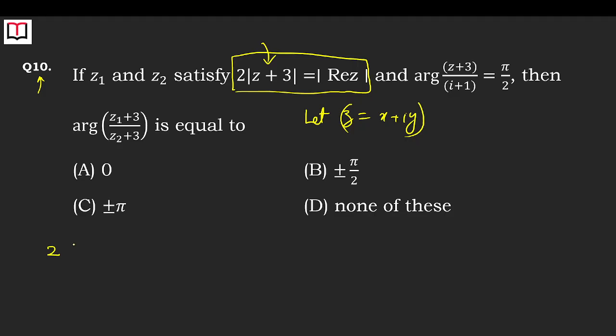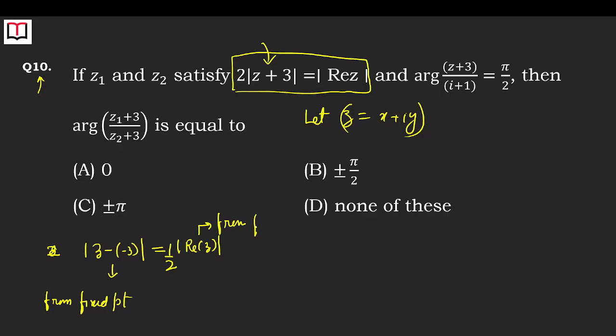So if I write it here, mod of z minus minus 3, the fixed point is minus 3, is equal to mod of real part of z, which is the distance of z from the imaginary axis. So the distance of z from the fixed point minus 3 is half times its distance from the fixed line, which is the imaginary axis. So what does that mean? The eccentricity e is half.